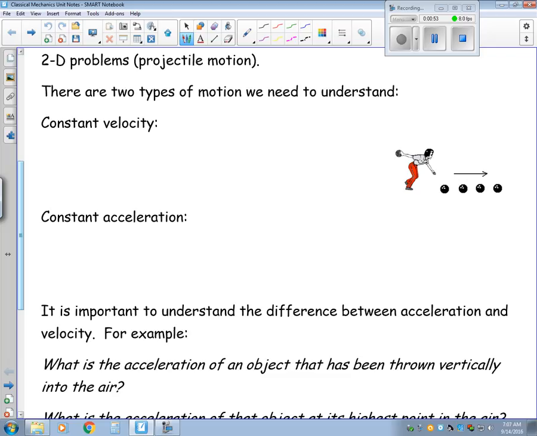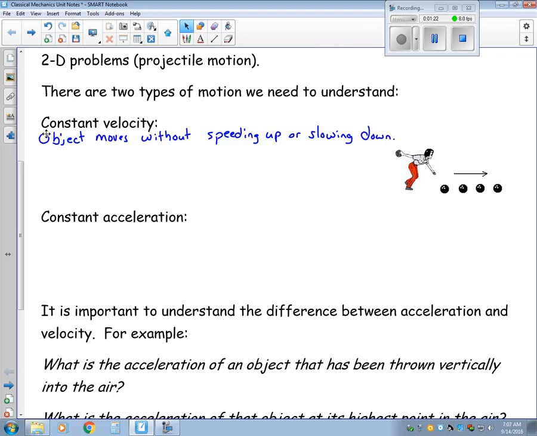So when an object has constant velocity, the object is moving without speeding up or slowing down. A bowling ball is a great example of this.